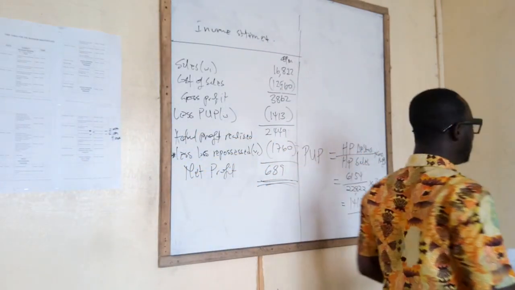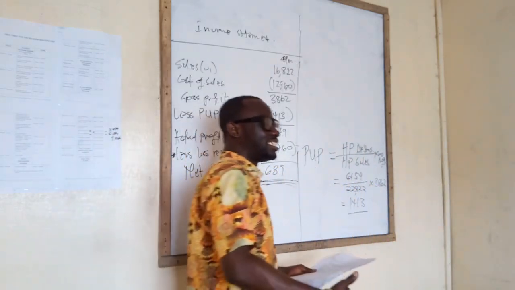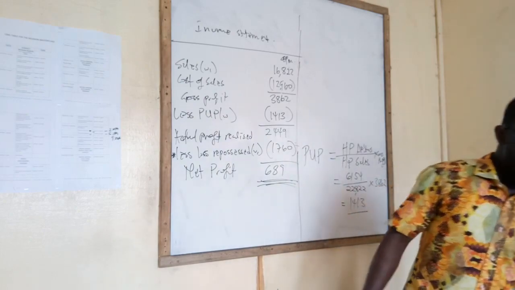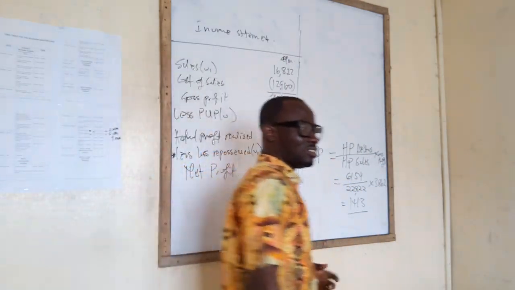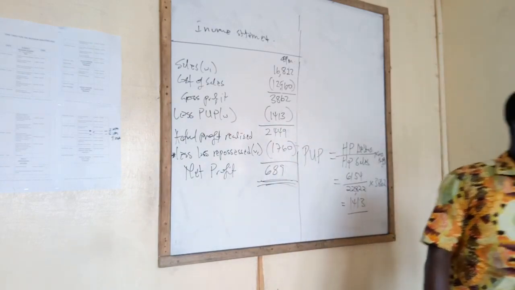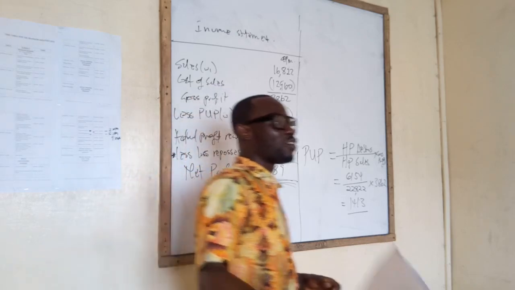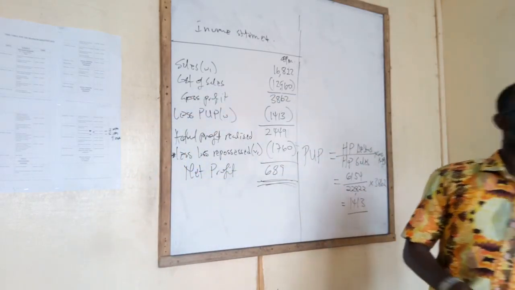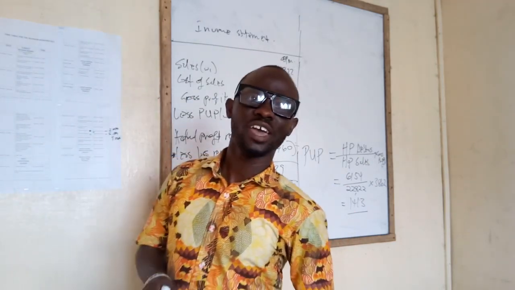So what is faithful representation? People were talking about neutrality, prudence, completeness, error. Who was saying that? What is faithful representation? Should be free and fair.